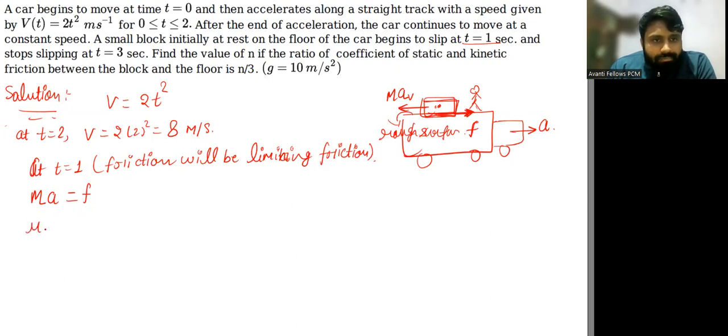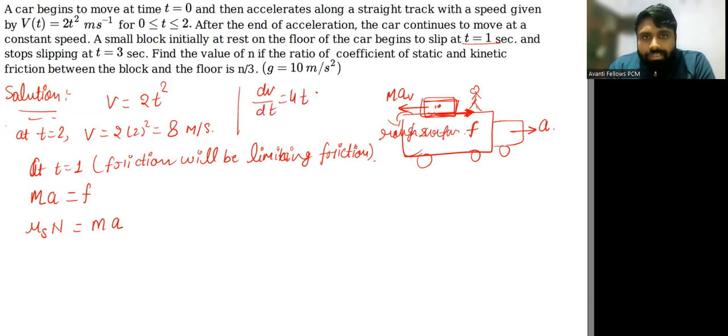And F you can write as mu S into N, because the limiting value of the friction is the highest value of static friction, into mass into acceleration. Now, acceleration you will calculate as dv by dt, which is 4t. So this is the expression for acceleration. Now we are calculating the acceleration at t is equal to 1.